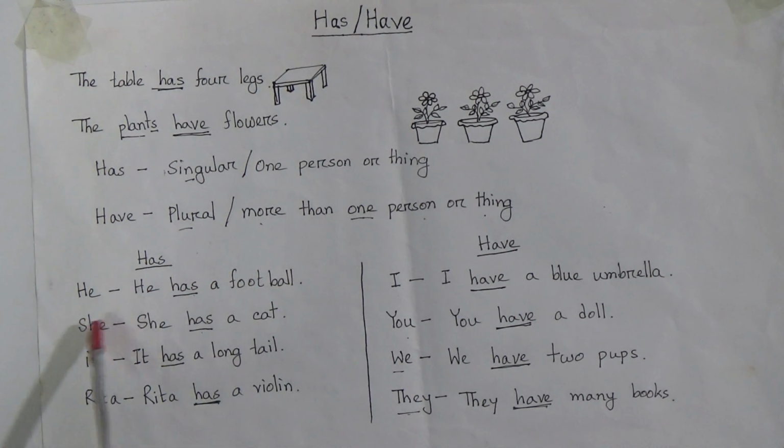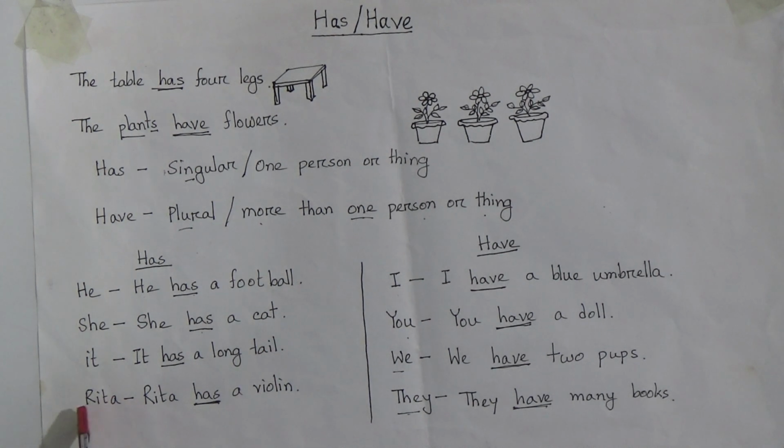She is here indicating a girl and she is a singular pronoun. So after she we have used has. She has a cat. Then it also indicates singular or one thing. It has a long tail. After it we have used has. We can say we have a monkey and it has a long tail.